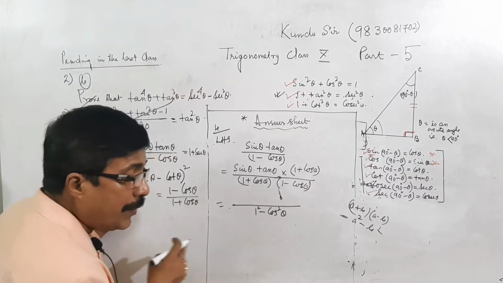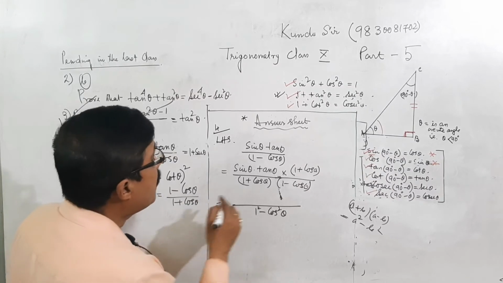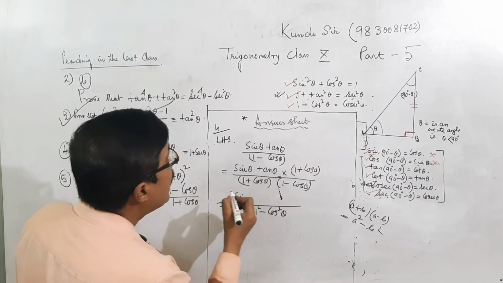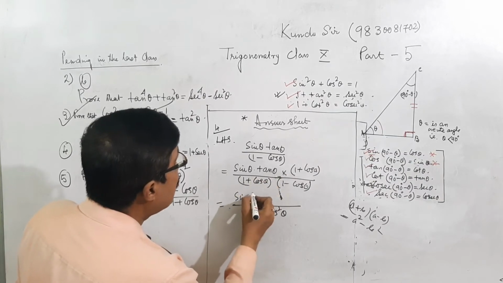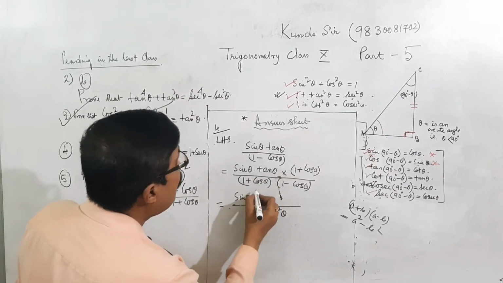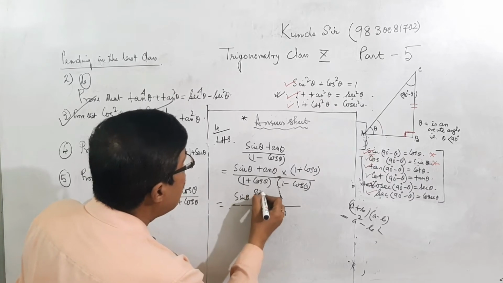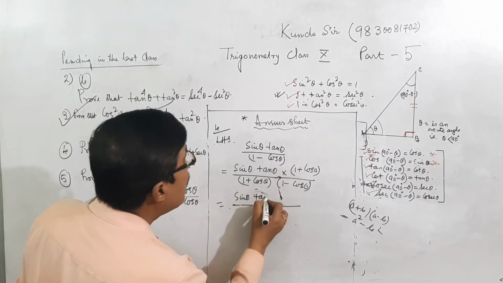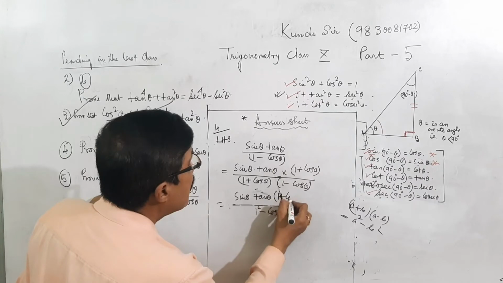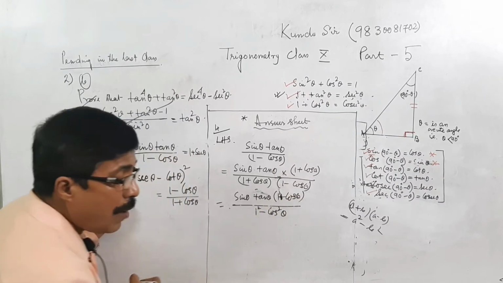And in the numerator part, we are writing again sin theta into tan theta into 1 plus cos theta. We have written this.